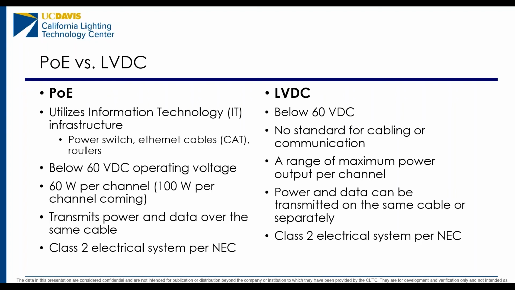They're capable of transmitting both power and data across the same CAT cable. And again, they're Class 2 electrical systems per NEC. The LVDC systems also operate below 60 volts DC, but there's no standardized cabling or communication protocol across manufacturers. Because of this, there's a wide range of possible power outputs per channel, and data and power can be transmitted on the same cable or separate cables. So PoE is a more specific version of LVDC, if you will.